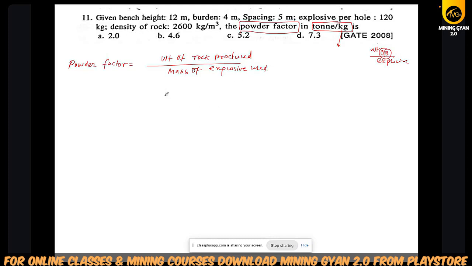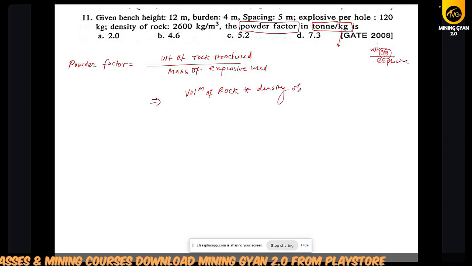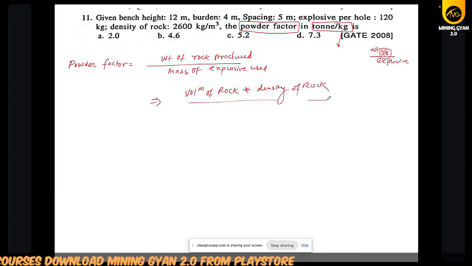Okay, so to find out the weight of the rock, volume of the rock multiplied with the density of the rock, divided by the mass of the explosive.